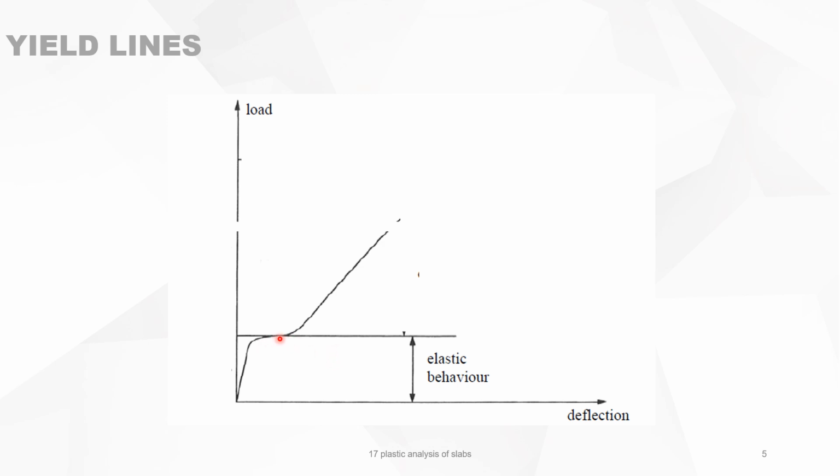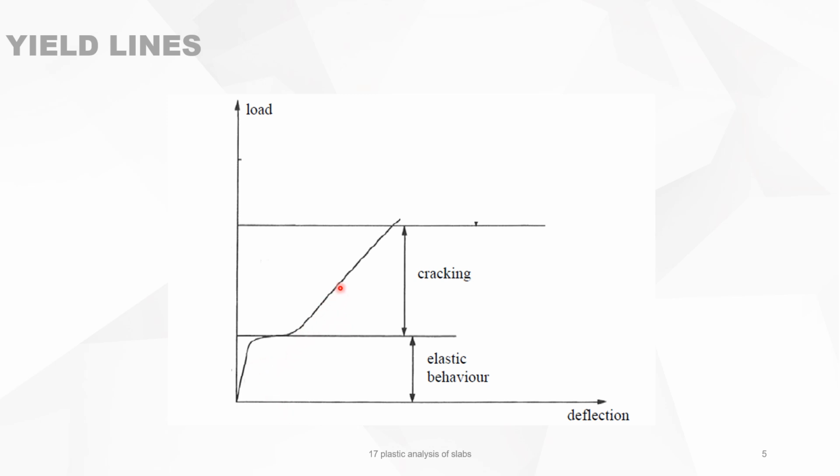After the first crack there will be a crack redistribution, and this zone we call the cracking zone. Notice that in the second zone the slope between load and deflection is much fainter than the slope in the elastic behavior.